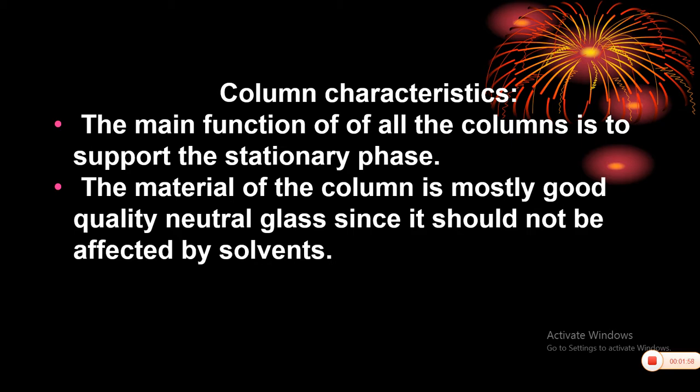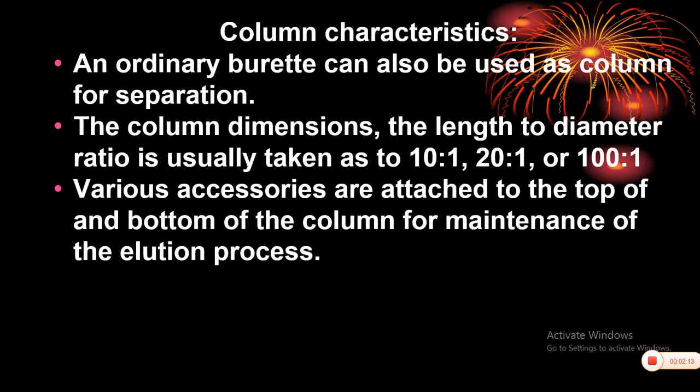The main function of all the columns is to support the stationary phase, which is solid material. The material of the column is mostly good quality neutral glass, since it should not be affected by the solvent system used for the separation process. Continuing with the column characteristics, an ordinary burette can also be used as column for the separation process.